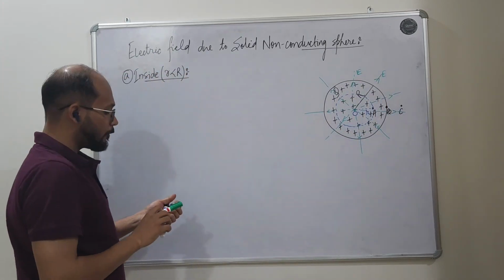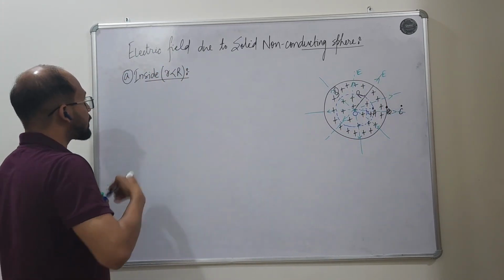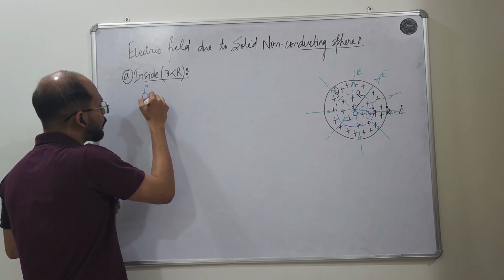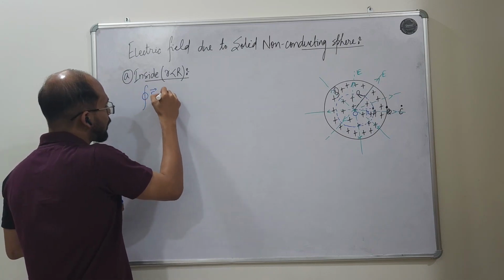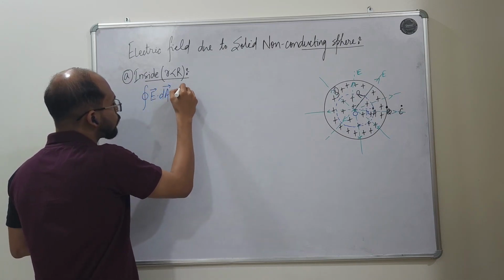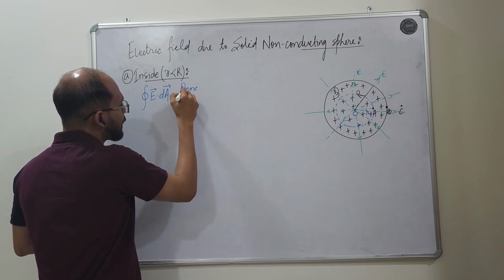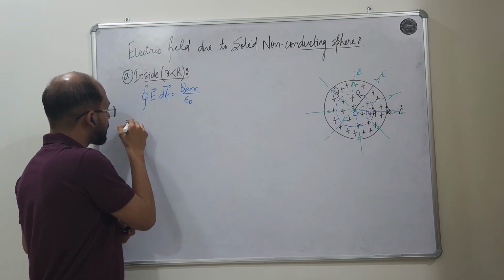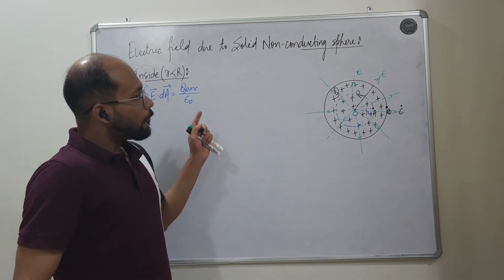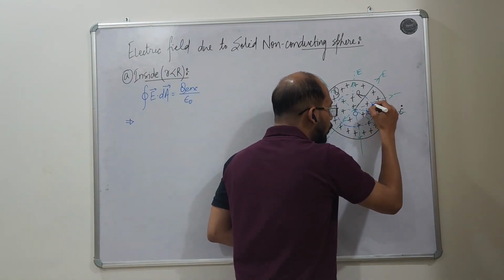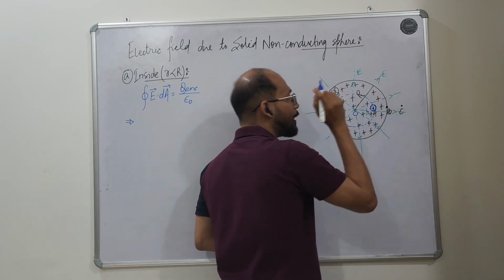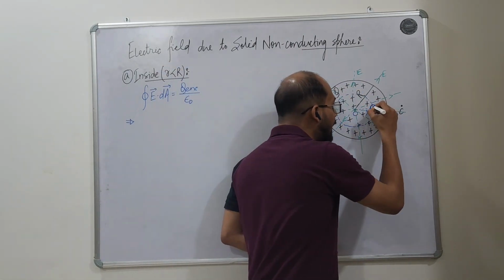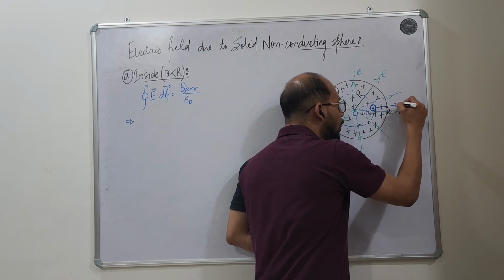Now, to find the electric field, we will use Gauss law, that is closed integral of E dot dA equals Q enclosed divided by epsilon naught. Here we will choose an elementary area dA, and this area vector will also be in the outward direction.